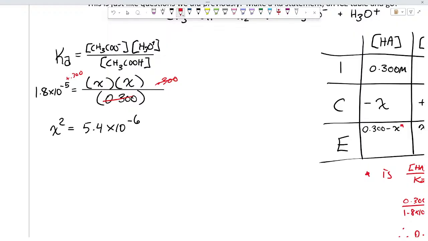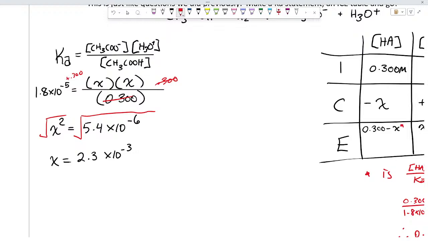Square both sides? Square root both sides? Yep. Excellent. Very good. That's going to be 2 point something. So x is going to be 2 point something times 10 to the negative 3. 2.3. Awesome.